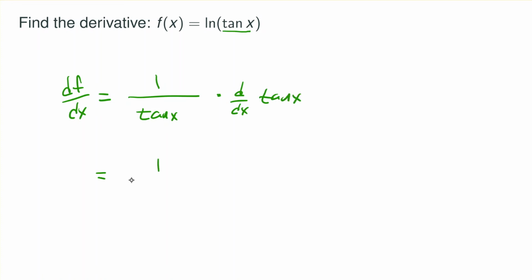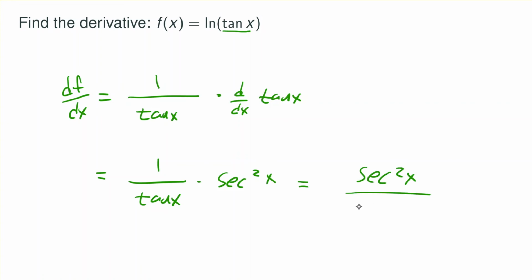So we get 1 over tangent x times secant square x. The derivative of tangent x is secant square x, so we get secant square x over tangent x. So this is the derivative of this function, natural log of tangent x.